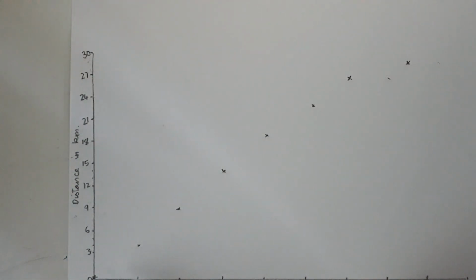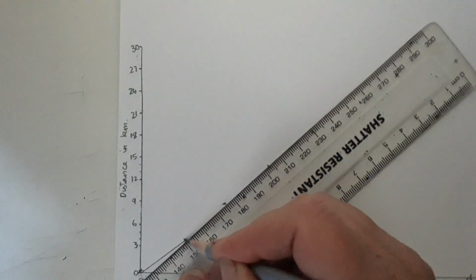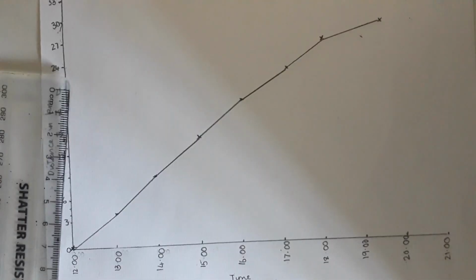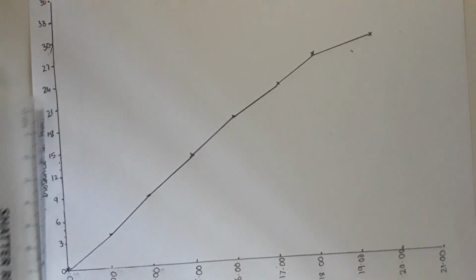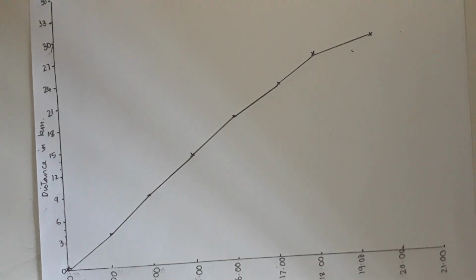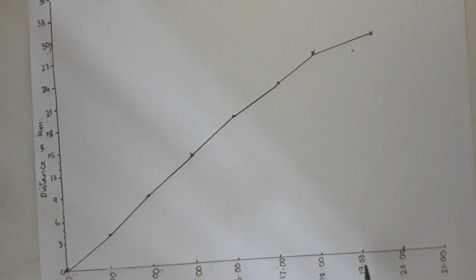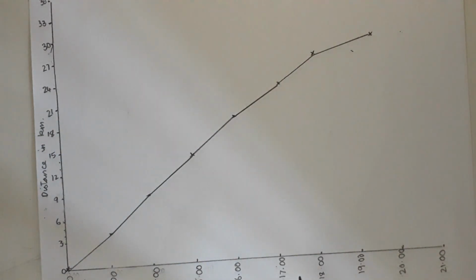And now what I need to do using a ruler is join the crosses up. So I go from there to there to there, and I'm going to let you do yours and finish mine. Hopefully your graph looks something like this. It's really difficult to do without having a grid to help you, so don't panic.